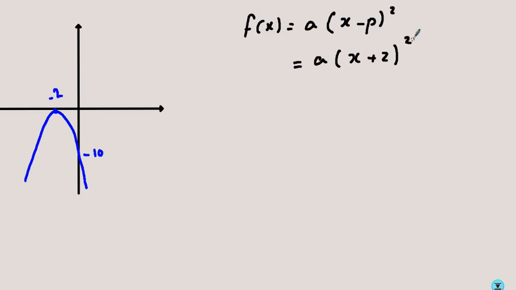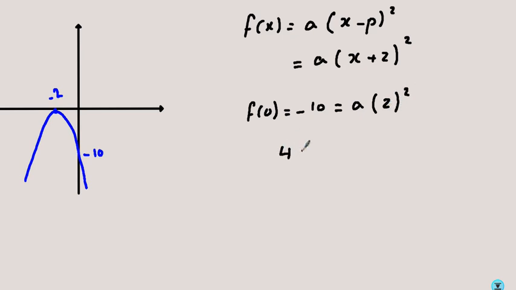Now you know that a is going to be negative because the parabola is concave down. And you know that f of 0, the y-intercept, is -10. And this is equal to a times, when x is 0, this bracket simplifies to 2 squared.